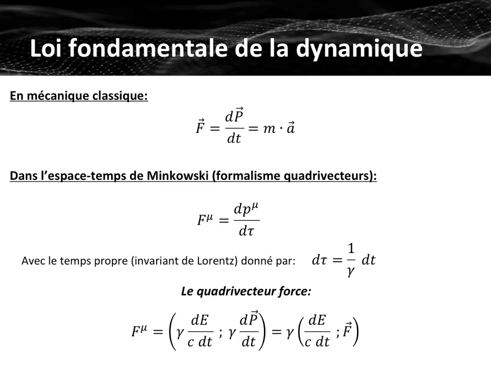Knowing the time dilation relation between the proper time and the time, d tau equals dt over gamma, from special relativity, the four-vector force could be defined as gamma dE over c dt, gamma dP over dt, which means dpx, dpy, dpz. If you take gamma outside, dp over dt is again the force F, and this is the four-vector force F mu.